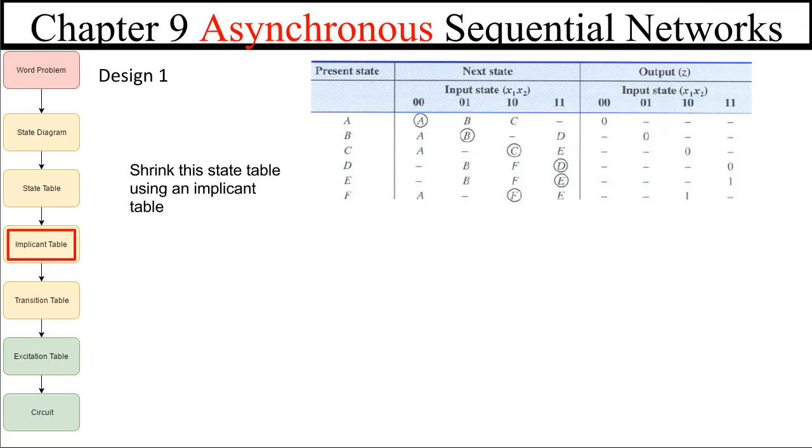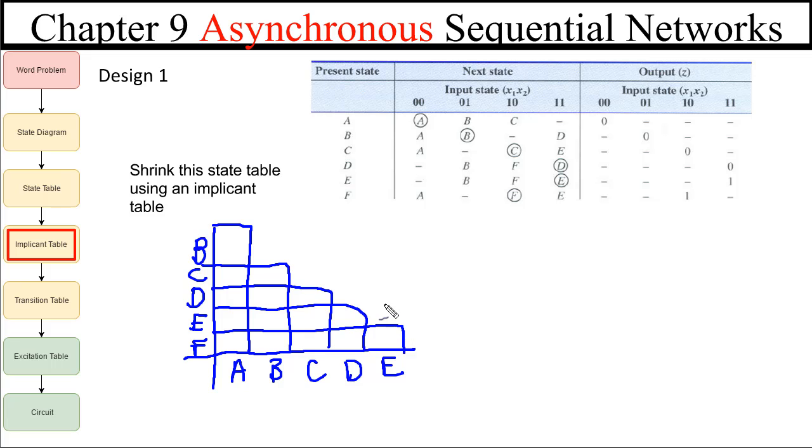Okay, so let's build an implicant table. B, C, D. All right, now we're going to compare A to B. And they most definitely could equal each other. We're going to compare A to C. And they could most definitely equal each other.